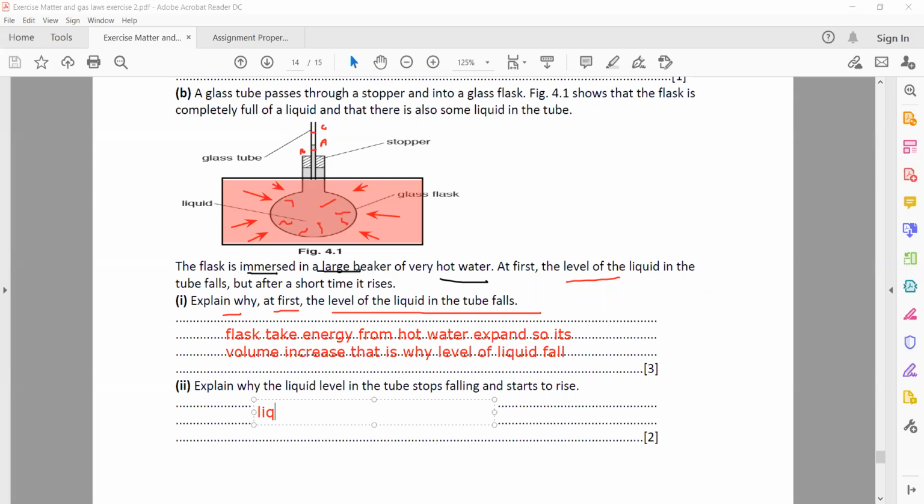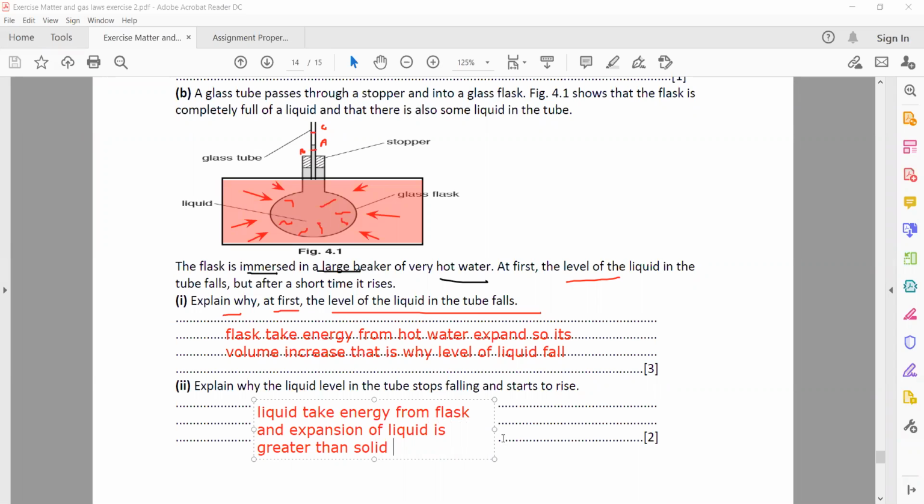So the liquid absorbs energy, and the expansion of the liquid is greater than the solid.